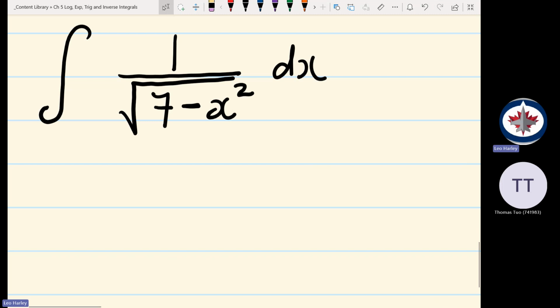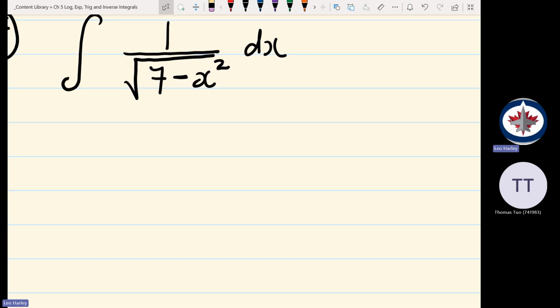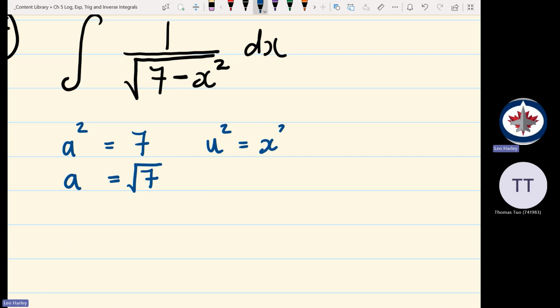Everything changed, though, when it turned into 7 minus x squared. Because of this change, I'm going to tell you that a squared is equal to 7. So how do we describe a? Square root of 7. And then u squared is equal to x squared. So I guess u is the same as x.